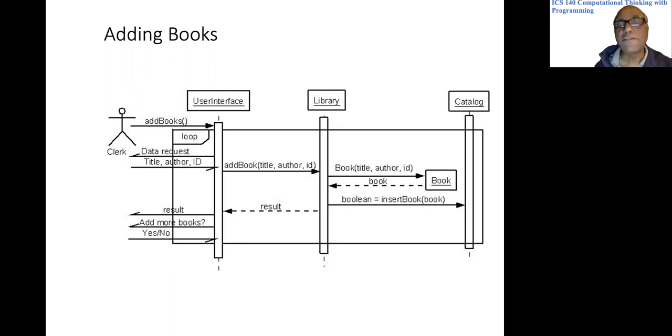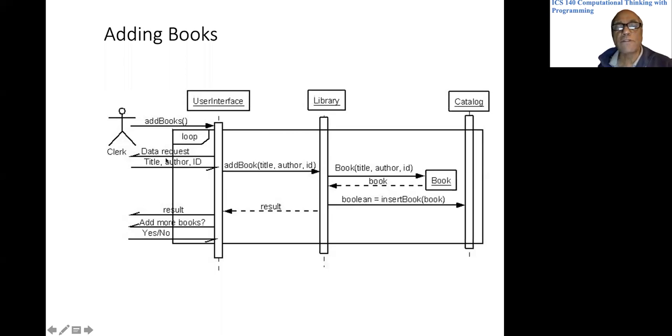But what is different here is a new concept. If you recall from the use case, we can add multiple books. That has to be reflected in the sequence diagram. So we have the addition of a book in a box.